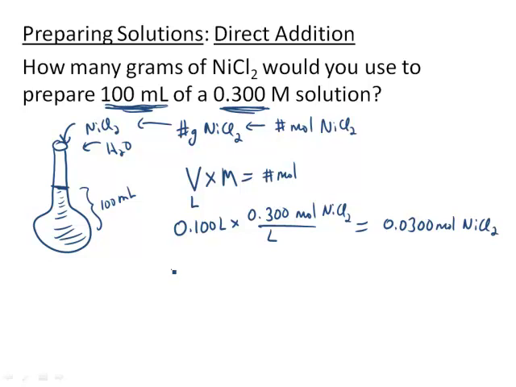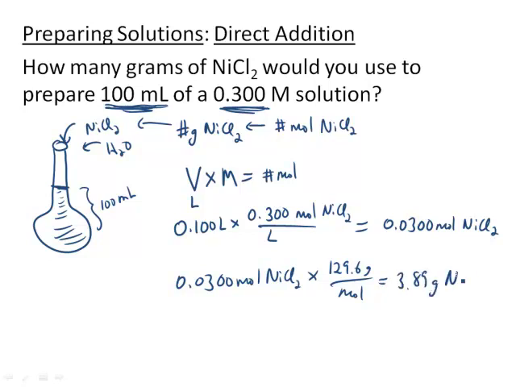The scales have grams on them because different things weigh different amounts. So you take 0.0300 moles of nickel chloride and multiply it by the molar mass of nickel chloride. That's 129.6 grams per mole. And that gives you 3.89 grams of nickel chloride.